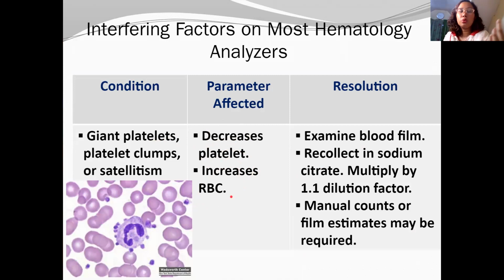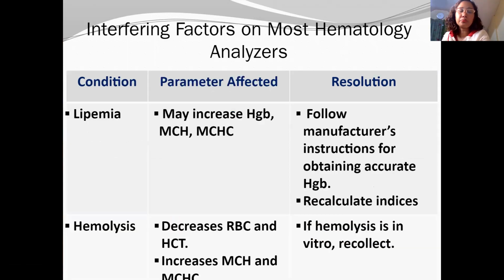So how do we resolve this? Examine your blood film, or instead of using EDTA, because EDTA causes platelet satellitism, you could recollect using sodium citrate, or use manual counts. It's easy to do a platelet estimate on the smear.